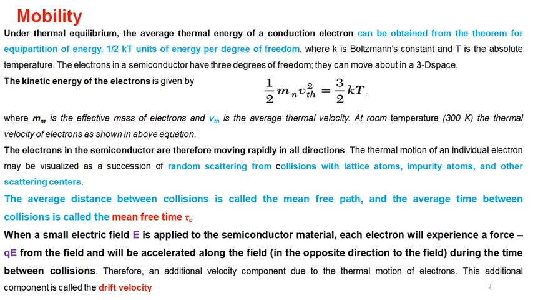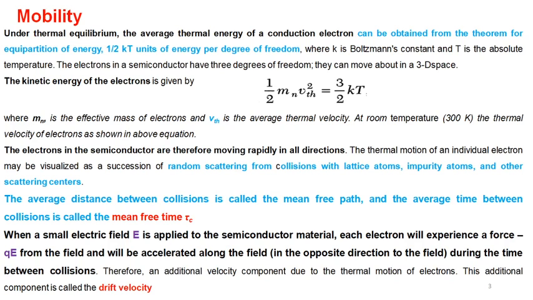These electrons collide with the lattice atoms, impurity atoms, and other scattering centers. Impurity atoms means that if you have an extrinsic semiconductor, then acceptor or donor impurities are there.